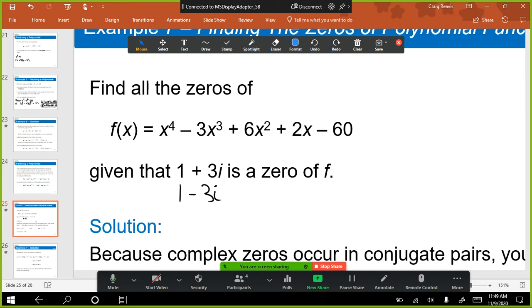So, all right, remember what we said. We said if we have a 0 of x equals i, that comes from the factor of x minus i, correct? So if I have a 0 of 1 plus 3i, that comes from x minus (1 plus 3i).